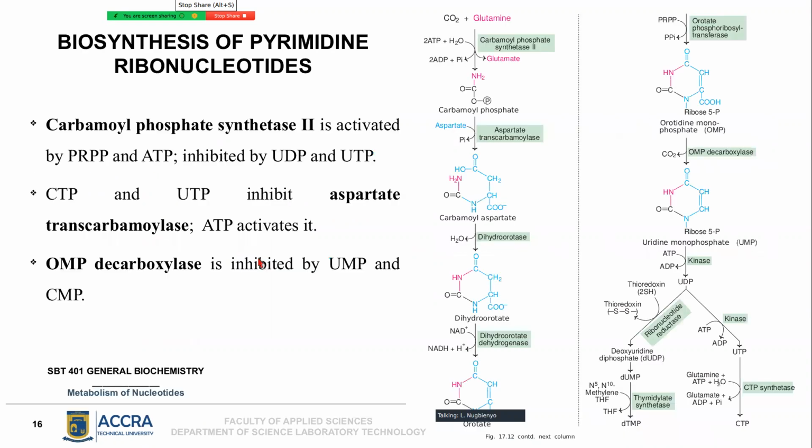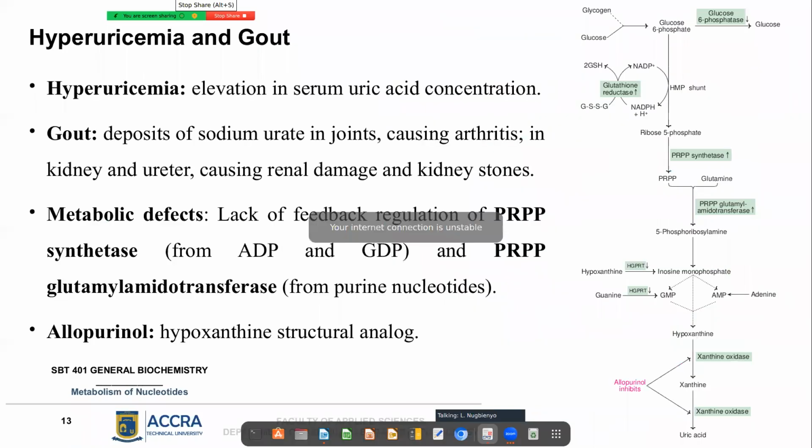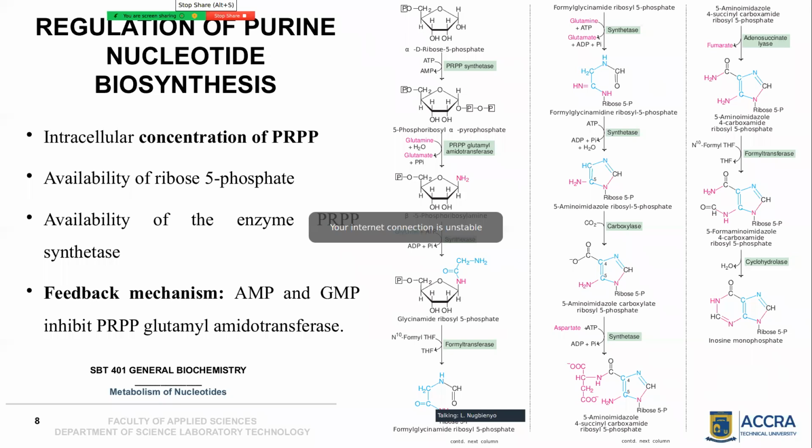Now, that's the process of biosynthesis. The major difference between the biosynthesis of purines and pyrimidines is that if you go back to the synthesis of purines, you see that it is taking place on the ribose sugar.